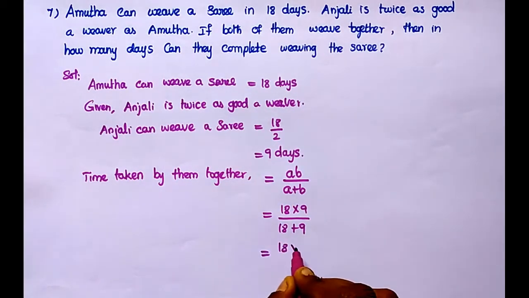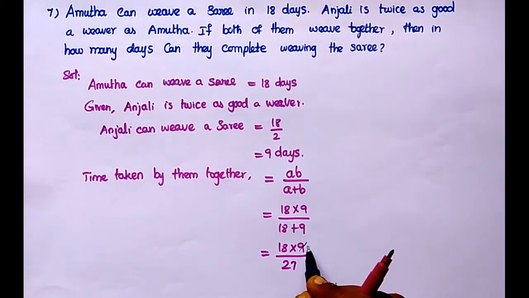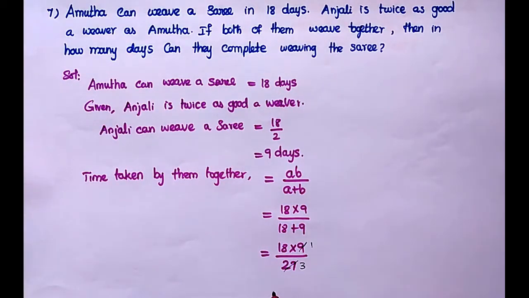So 18 into 9 divided by 18 plus 9, 27. Now cancel this number. 1 9 is 9, 3 9s are 27. Now remaining number 18 3. Again 3 1 is 3, 6 3s are 18. So 6 days. So that is the answer.